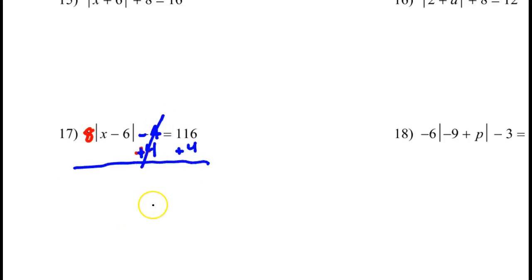The absolute value of x minus 6 times 8 equals 116 plus 4. The inverse operation of multiplying by 8 is dividing by 8.